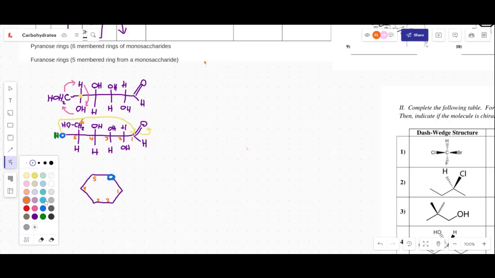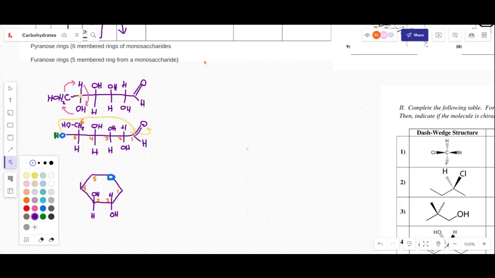Okay. So if I'm looking at carbon number 2, I know that the hydrogen is in the up position and the OH is in the down position. For carbon number 3, the OH is in the up position, just like before, and the H is in the down position, just like before.